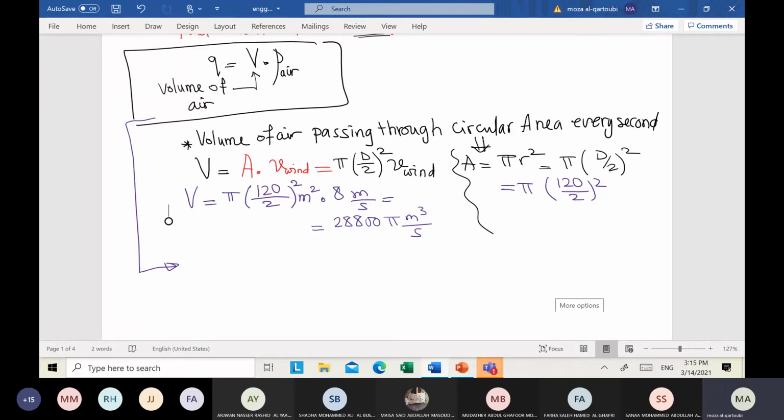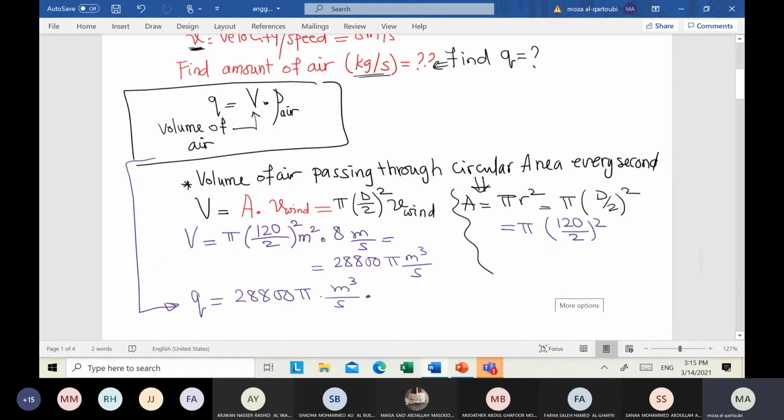So now we need Q. Q equals the volume, we have a value of volume 28,800 pi meter cubed per second, times rho, the density of air.